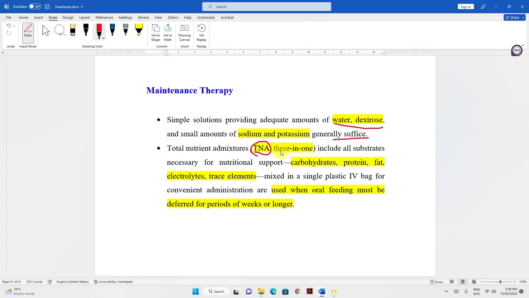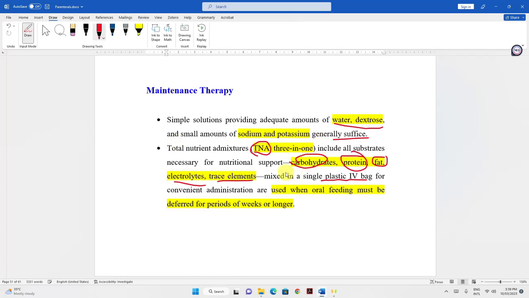Okay, and they are also referred to as 3-in-1 preparations because they contain the main materials: carbohydrates, protein, and fat. Of course, in addition, they will contain electrolytes and trace elements, and they are mixed in a single plastic IV bag.